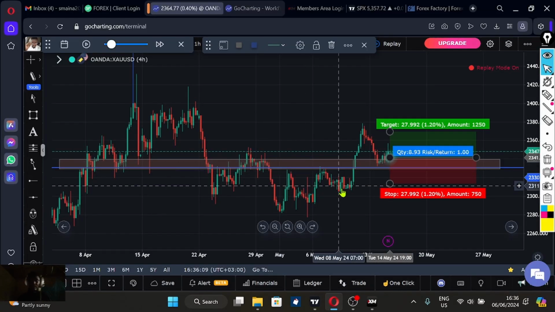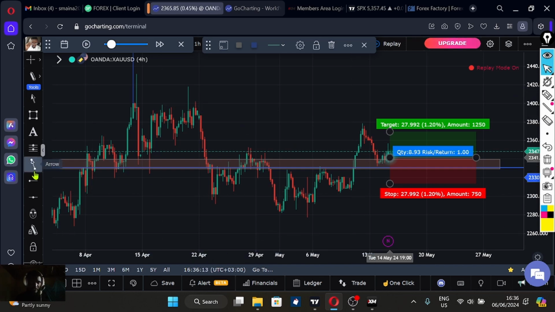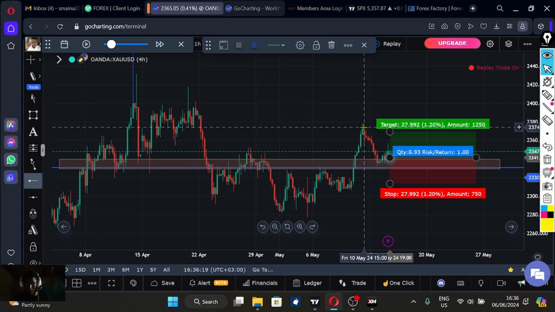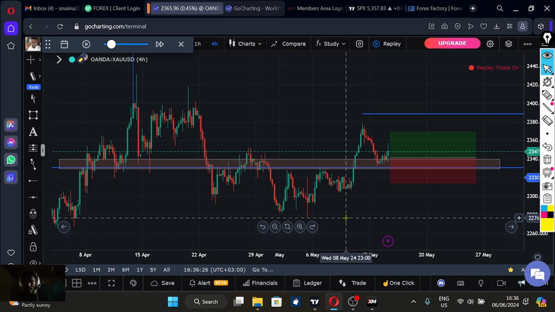This is where we are going to enter the market, and our first take profit should be up above our previous high, slightly above our previous high. That is our first take profit, that line.